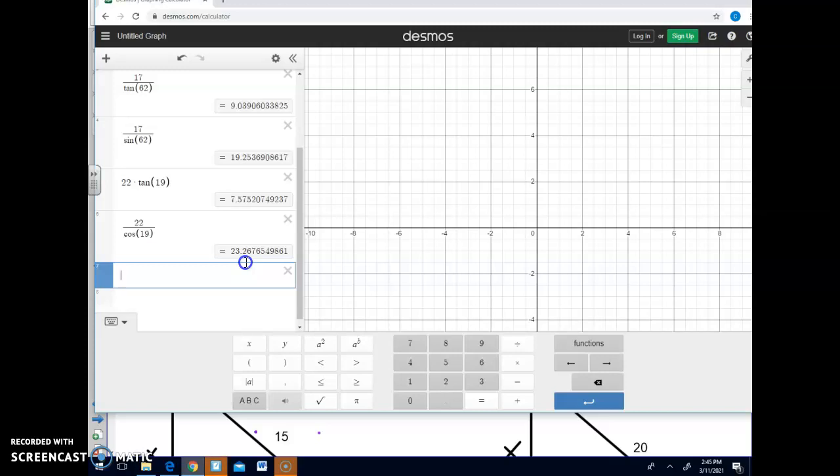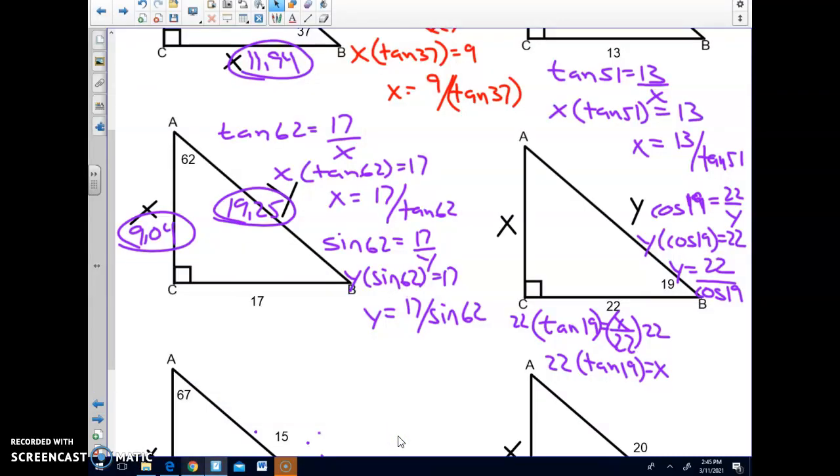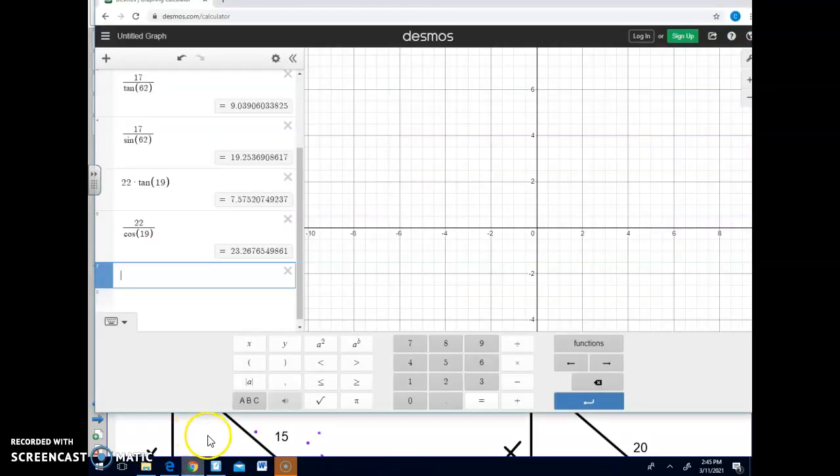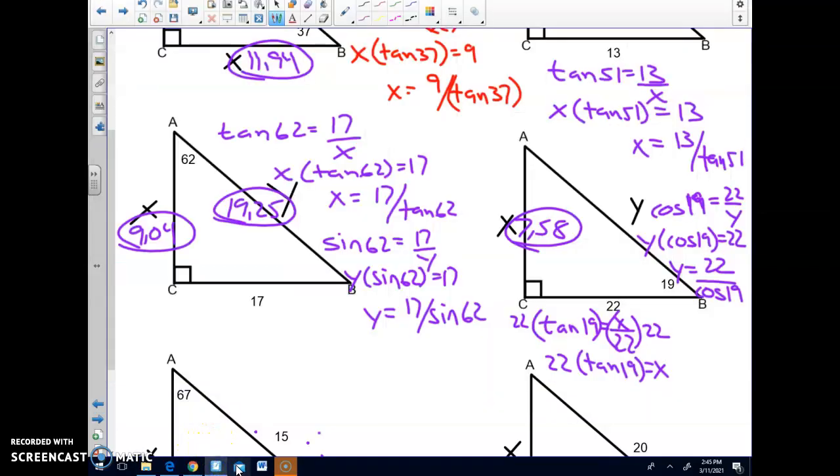So my x is 7.58, and my hypotenuse is going to be 23.27 when I plug into my calculator.